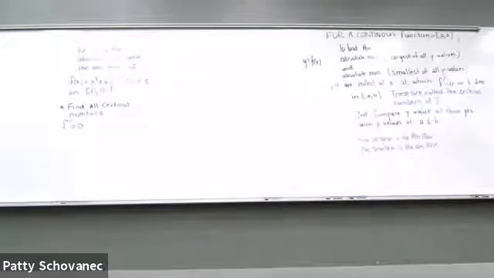You should get two critical numbers, right? It's a third degree polynomial, so you can kind of visualize it. It looks something like that. Go up, down, and then back up.